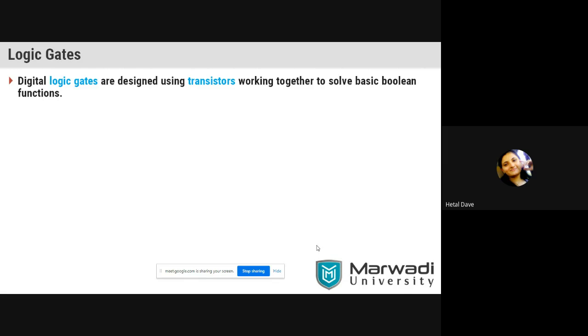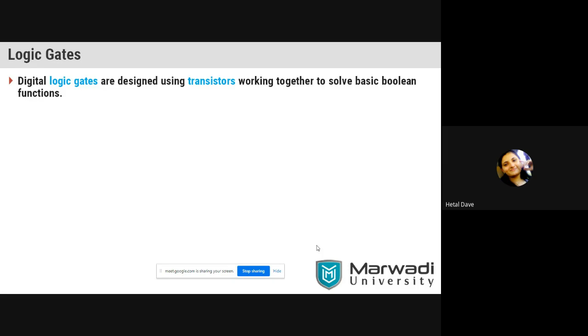Although it is not yet covered in our theory session, that's why I need to introduce it. What is a logic gate? Generally, a logic gate is designed using either transistors or CMOS. We covered in our second experiment that whenever we build transistors in some manner, they can give OR, AND, NOT, or NAND gate functions.